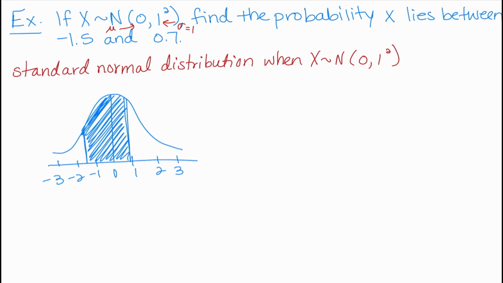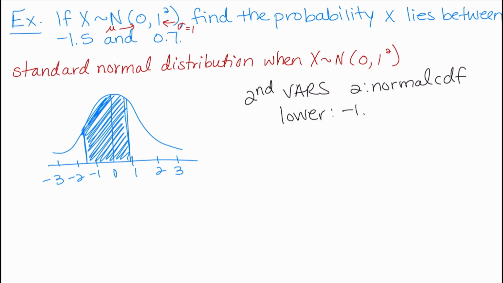I'm still going to go to second vars, option 2, which is going to be normal CDF. My lower limit in this case is going to be -1.5. My upper limit is going to be 0.7. The mean is 0 and the standard deviation is 1.